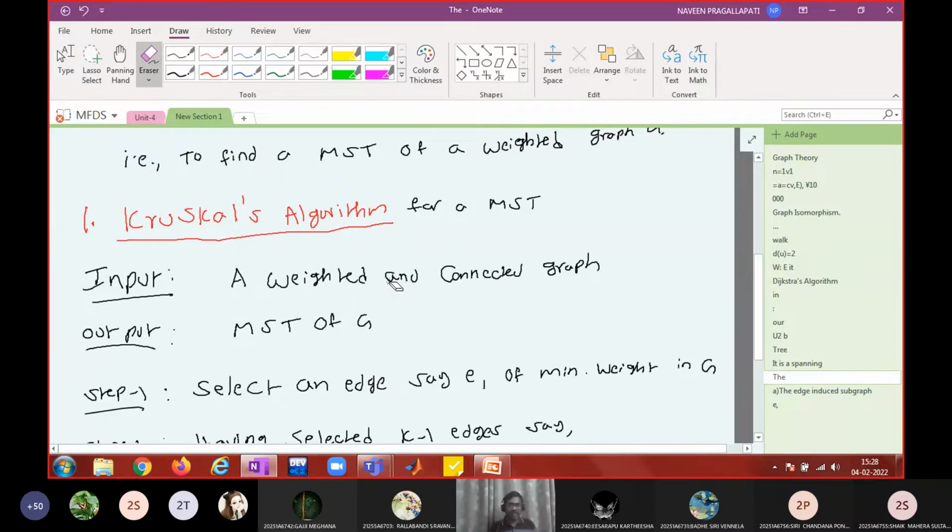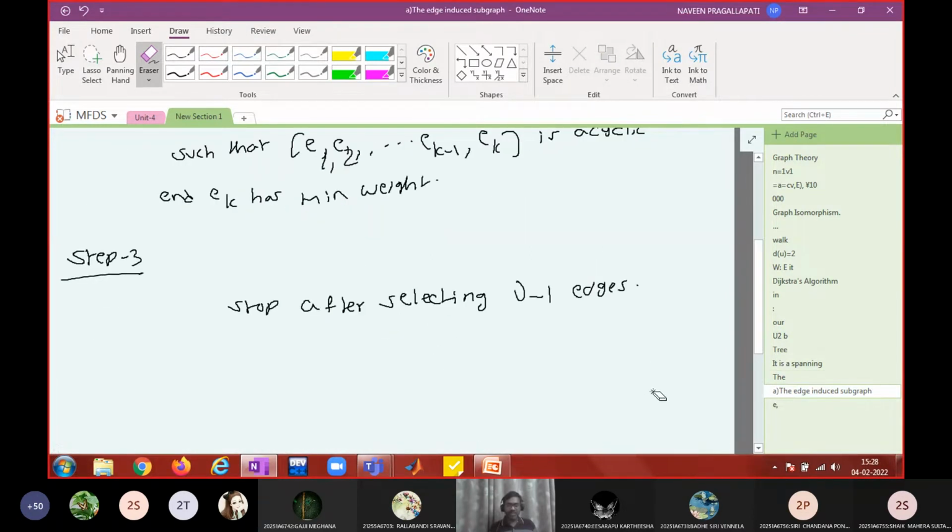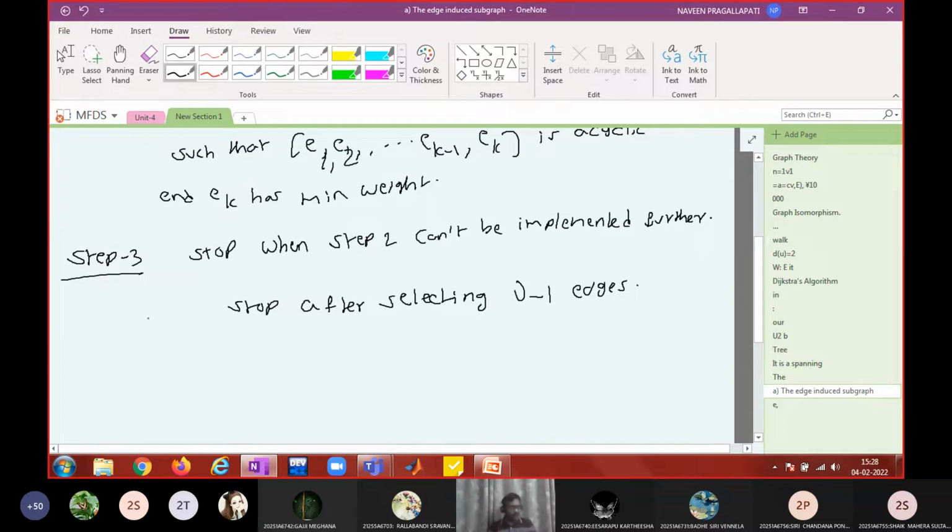So if I don't assume this, which is what my professor wrote, then you add this condition: stop when step 2 can't be implemented further, or else, otherwise. Is that fine?